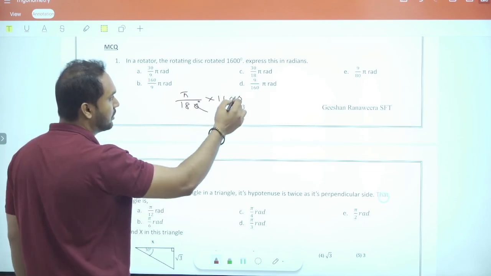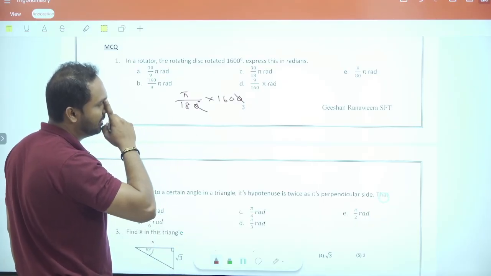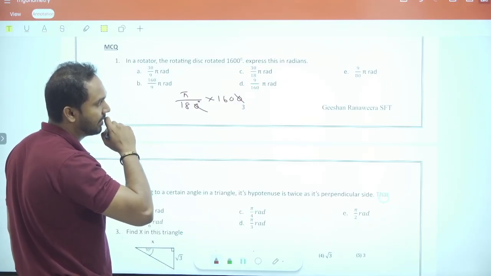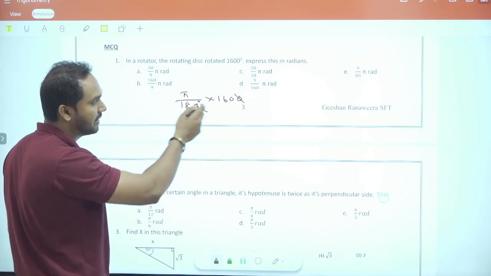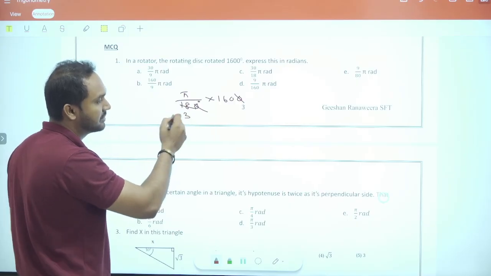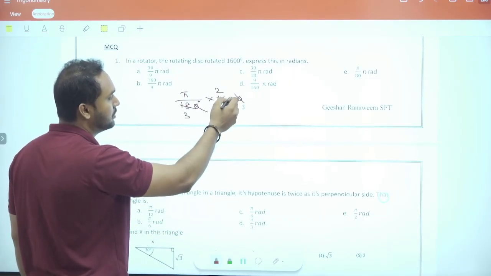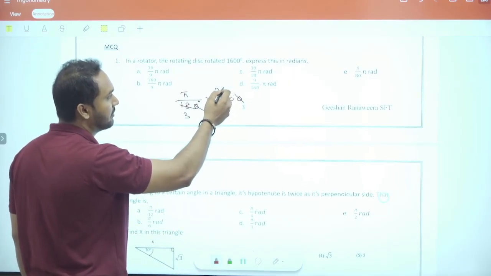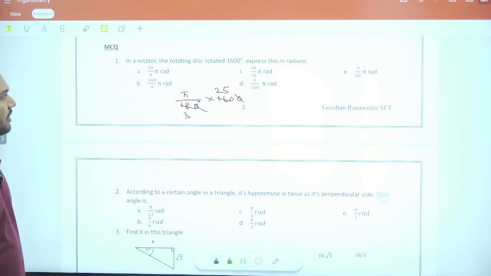So 0 and 0 cancel out. Can you divide it by 6 or 9? If you divide by 6, you can divide it by 6, right? 3 sixes are there. And how many 6s are here? 2 and 5, right? 25. So it's 25 pi over 3. Isn't the answer there?